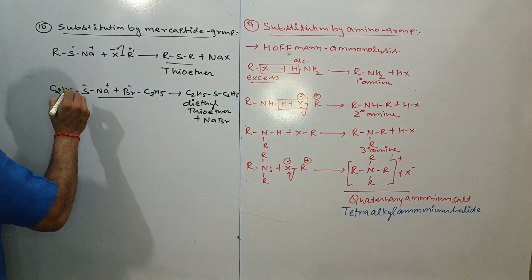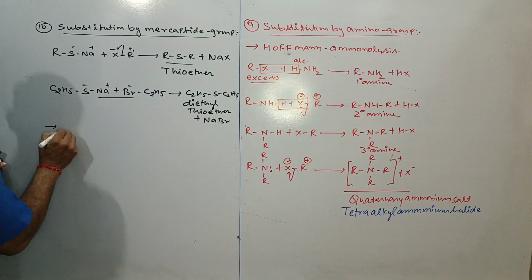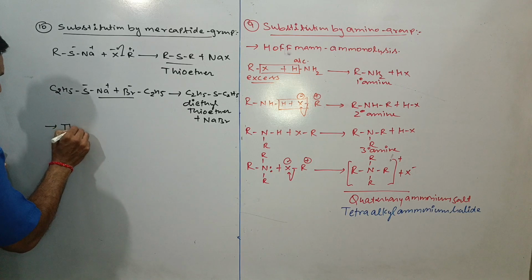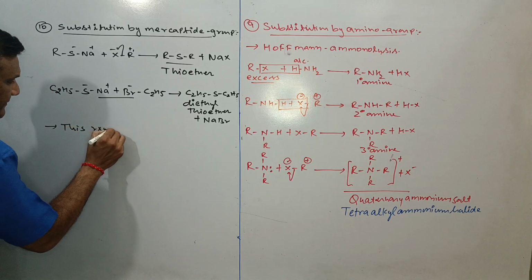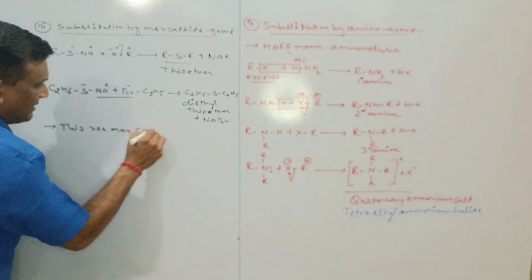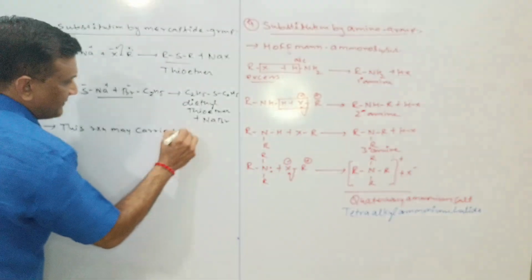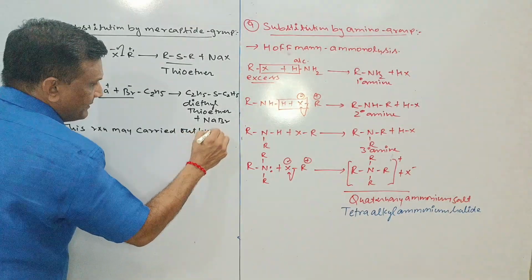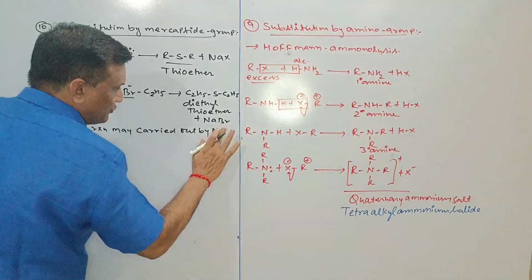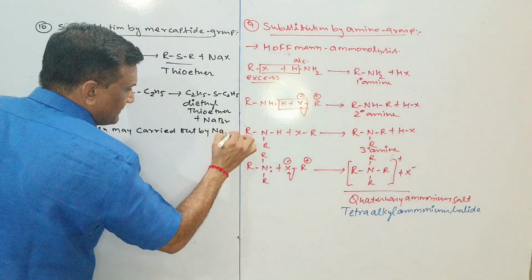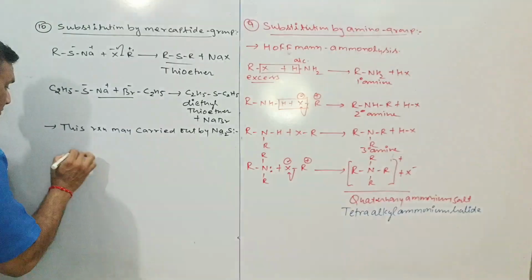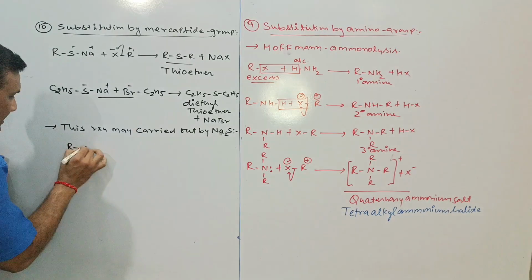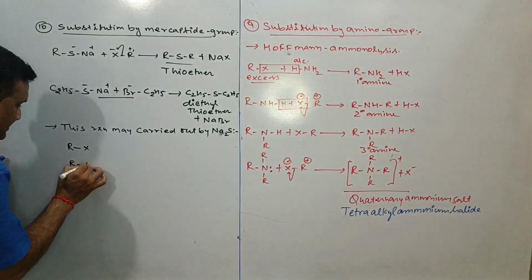If I go with this reaction, then this reaction may be carried out by using Na2S, sodium sulfide. How? These are the two molecules of alkyl halide, RX and RX.